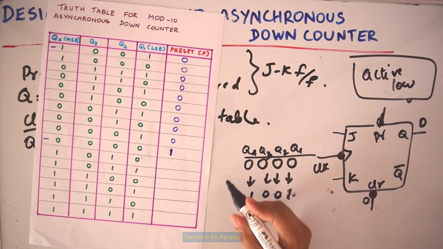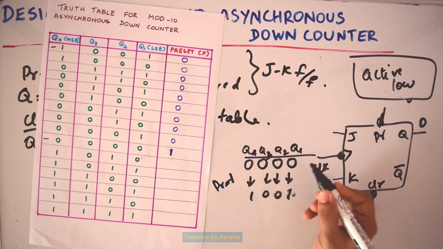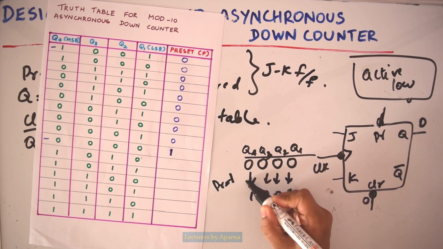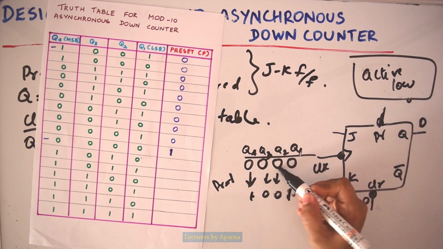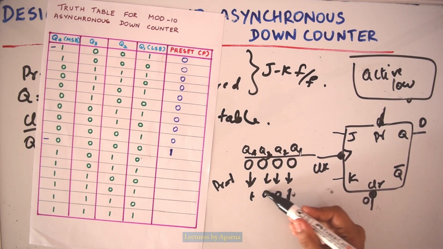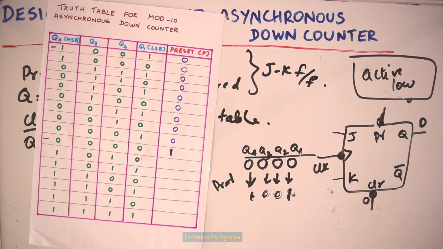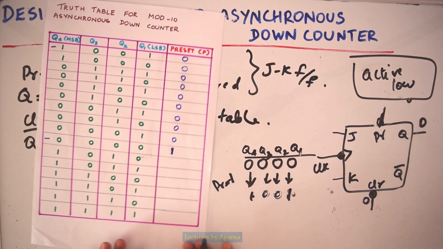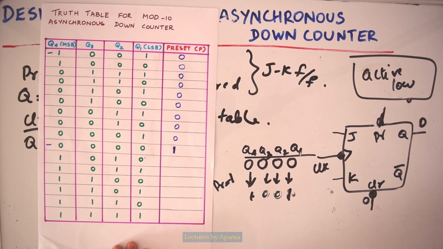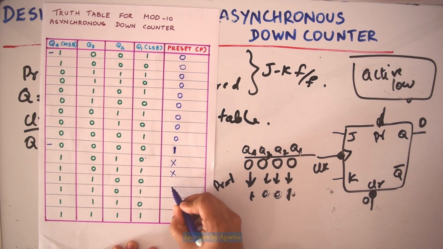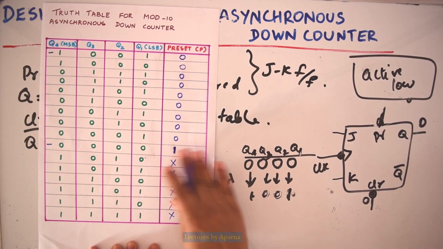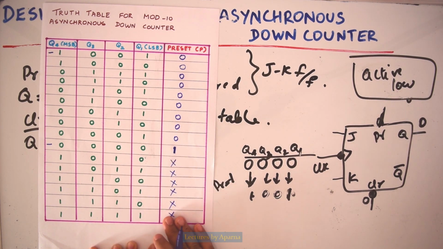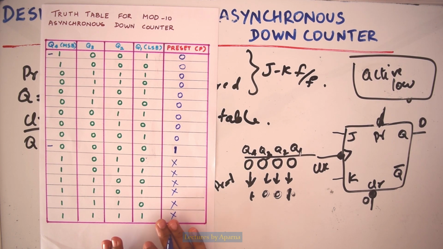So when preset becomes 1, this Q4 should be set to 1 and also Q1 should be set to 1. Q3 and Q2 can remain as 0 itself. Now what about the other states? The other states we can put don't care sign, because they are not of much importance here. So this is the truth table of a mode 10 asynchronous down counter.